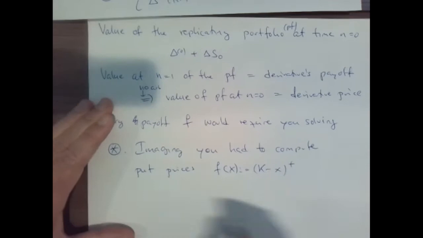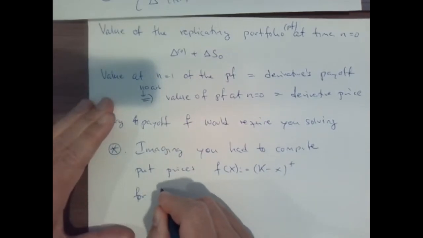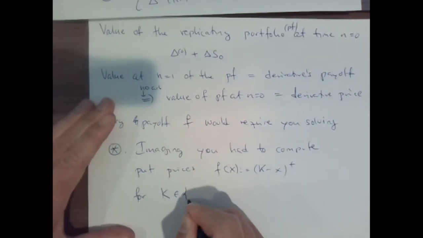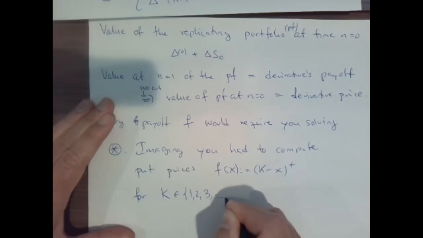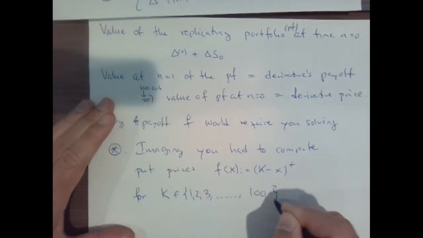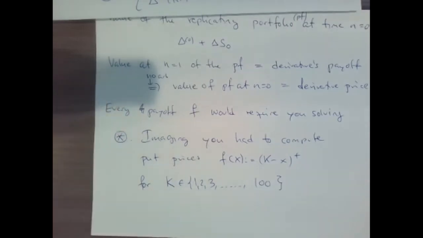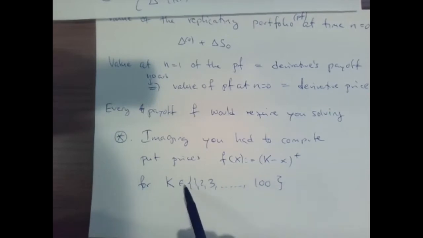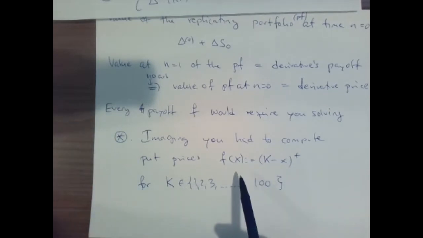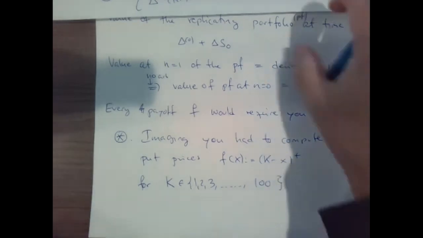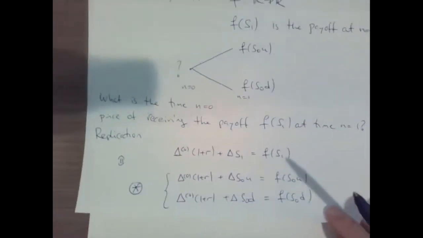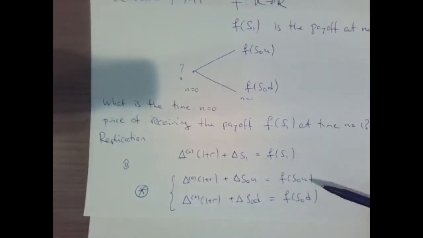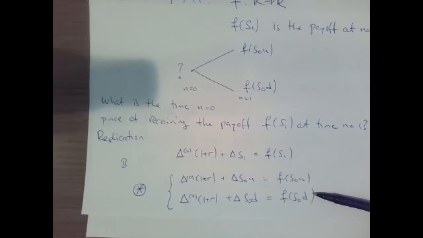Imagine you have to compute put prices for k being 1, 2, 3, up to 100. Imagine you had to do that. So there are 100 different puts here, and you have to compute the put prices for each one of them. Now, how would you do it? Well, according to this recipe, the way that you would do this would be to solve these two equations 100 times.